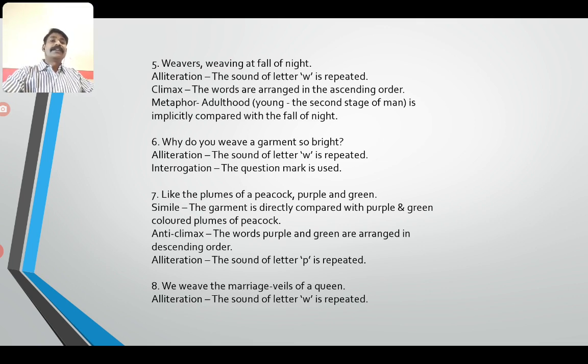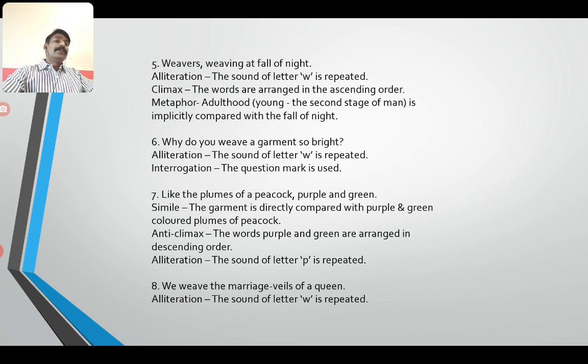Climax, the words are arranged in ascending order, the same thing as in the last stanza. Metaphor once again: adulthood or youth, the second stage of a man, is implicitly compared directly with the fall of the night.